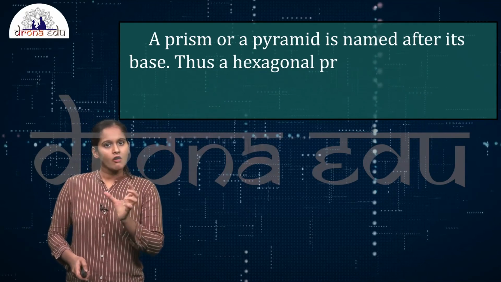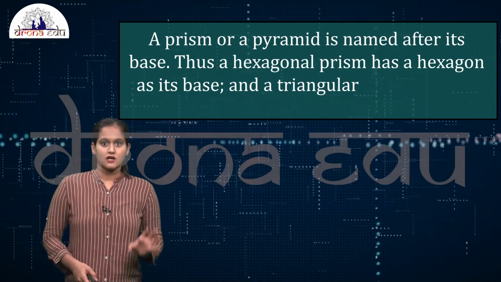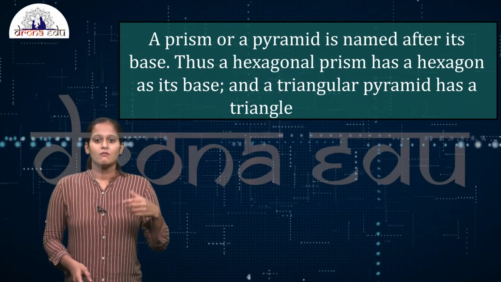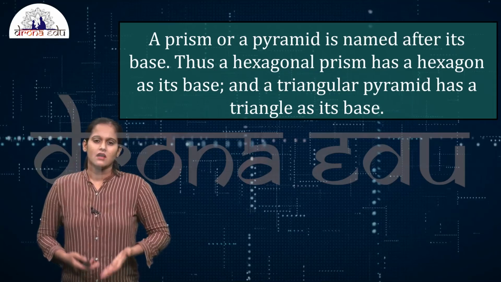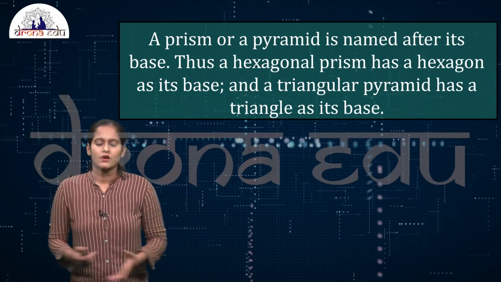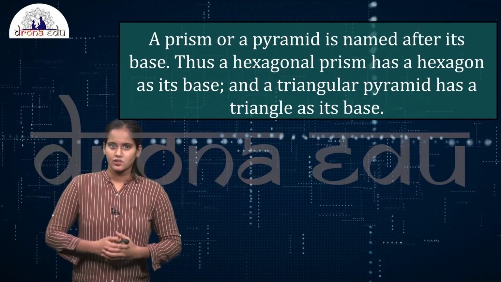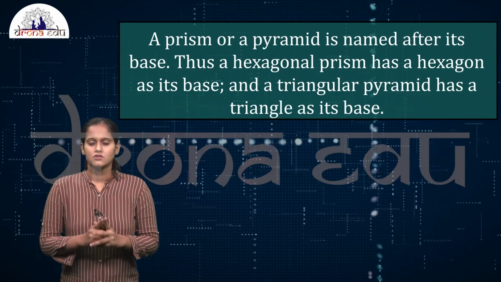Thus, a hexagonal prism has a hexagon as its base, and a triangular pyramid has a triangle as its base. Likewise, we have square pyramids, and so on. This is about prisms and pyramids, and this is about the chapter visualizing solid shapes.